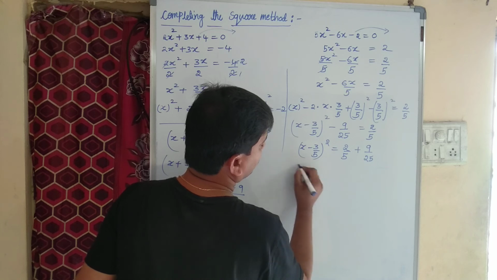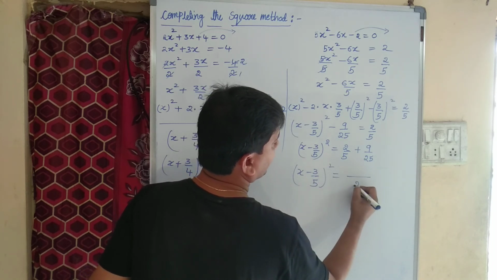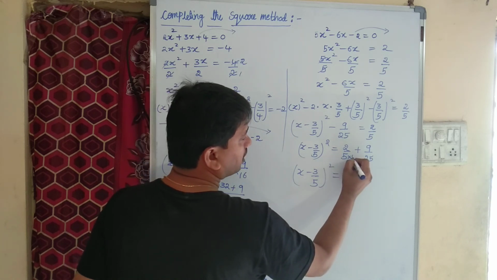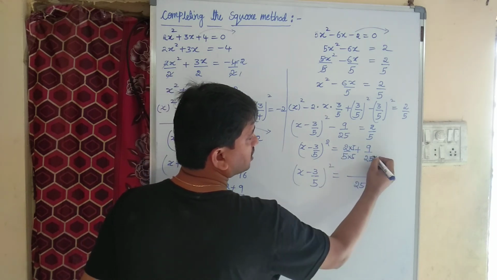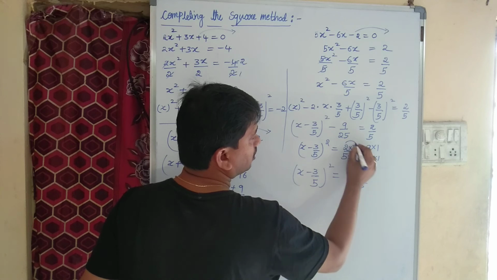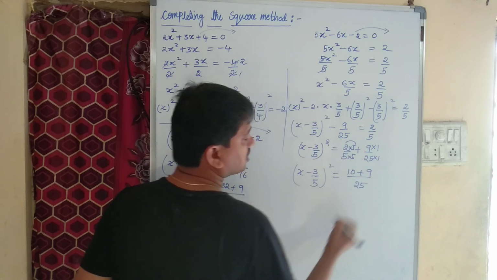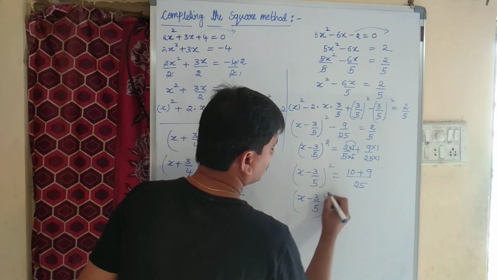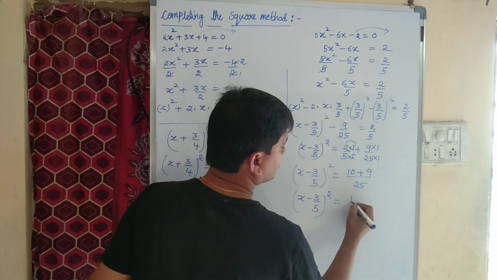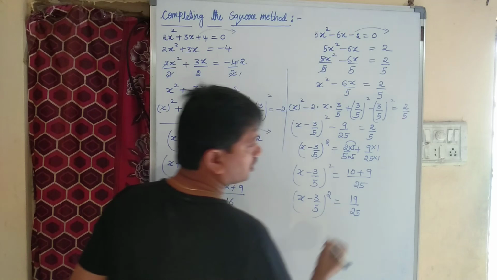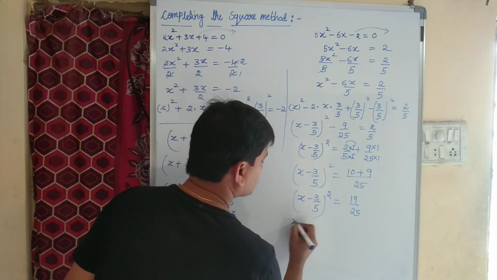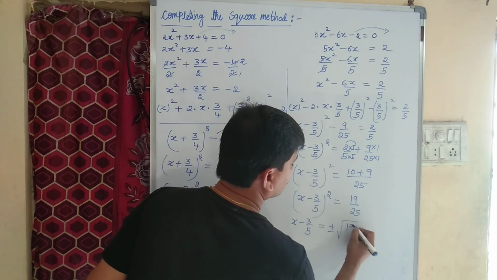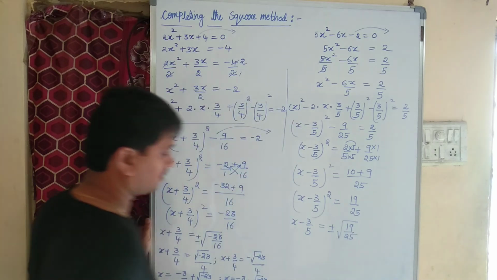So (x minus 3 by 5) whole square equal to, as the LCM of 5 and 25 is 25, 5 fives are 25 into 5 into 5, 25 ones are 25 into 1 into 1, 2 fives are 10, 9 ones are 9. So (x minus 3 by 5) whole square equal to 10 plus 9, 19 by 25. Square you transpose, x minus 3 by 5 equal to plus or minus root 19 by 25.